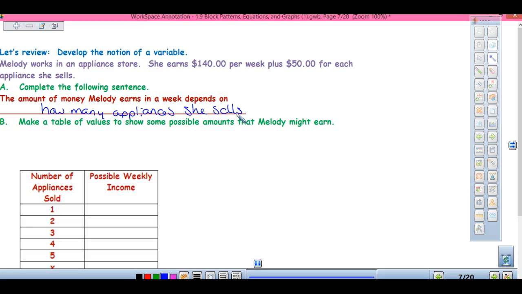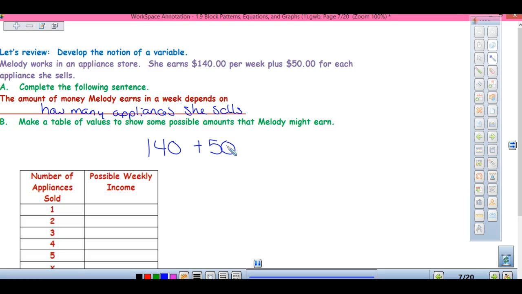Okay, so let's look at what our equation might look like. How much does she make per week no matter what? She makes $140. That's what her paycheck's going to be, even if she doesn't sell any of them. Plus what? $50 for every appliance she sells. Do we know how many appliances she sells?